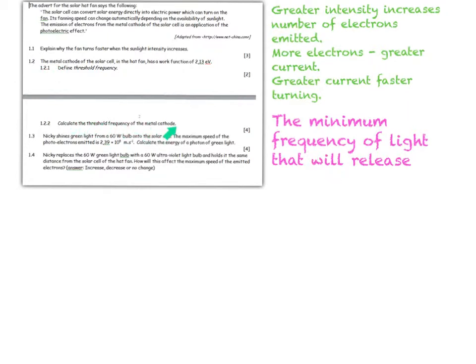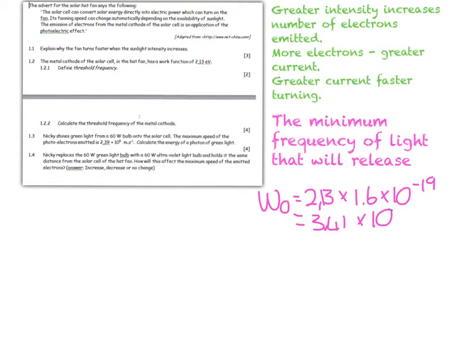Calculate the threshold frequency for this metal cathode. So, the first thing is you are given the work function. The work function first needs to be converted: 2,13 electron volts times 1,6 times 10 to the negative 19, which turns out to be 3,41 times 10 to the negative 19 joules.